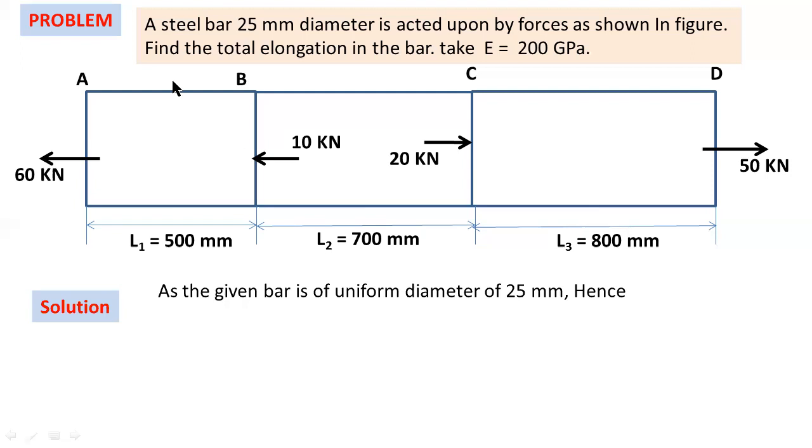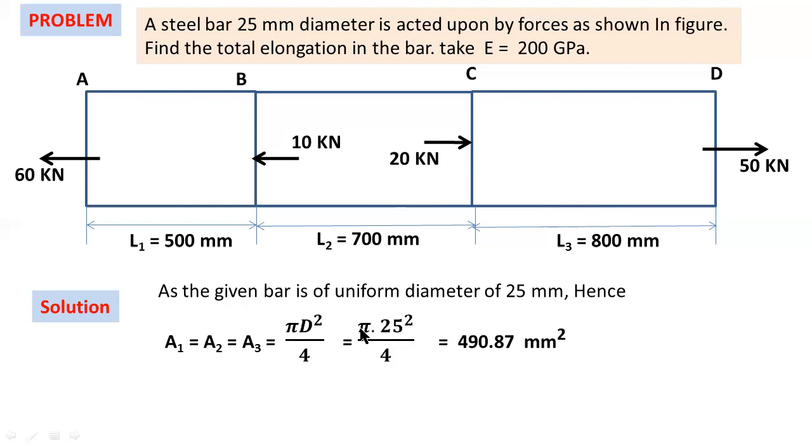The diameter of bar AB is the same, the diameter of BC also the same, and the diameter of CD also the same. So by using diameter 25 mm, first of all you have to find out the cross sectional areas. The cross sectional area of bar AB equals A1, the cross sectional area of BC equals A2, and A3 is the cross sectional area of section CD.